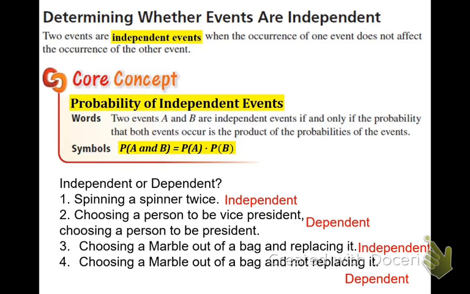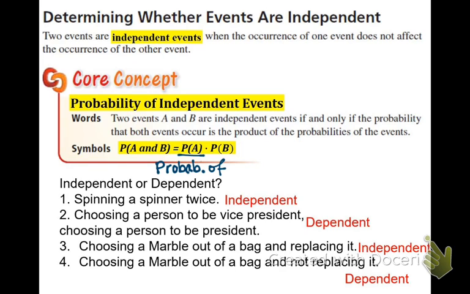It's going to ask you to find the probability of 2 events. So it'll say find the probability that I choose a green marble and find the probability that I choose a blue marble, or something like that. What does the letter P stand for here? Probability.